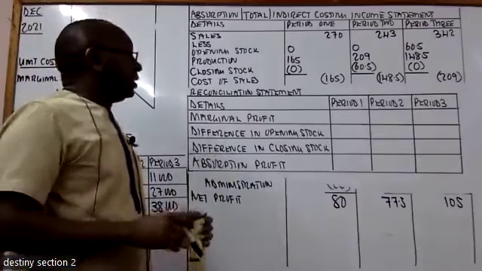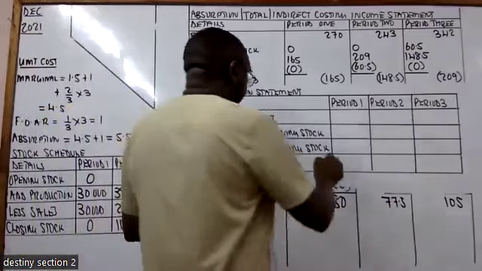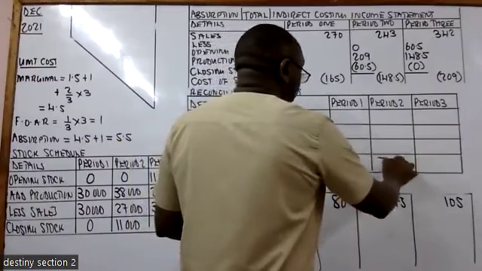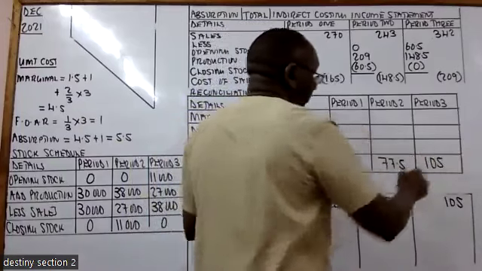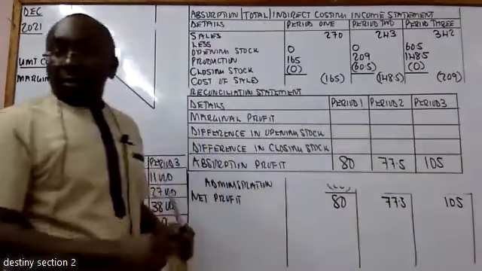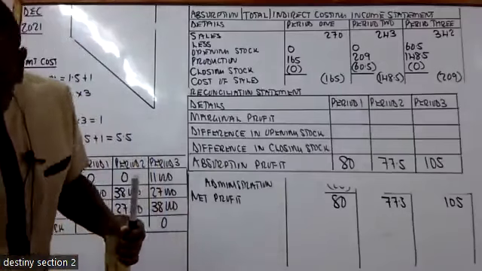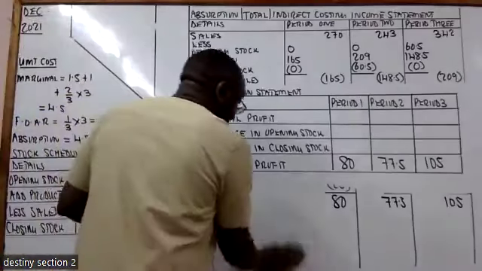So in getting the absorption profit, this one I already have. This is 80, this is 77.5, this is 105. Those are the profits according to the absorption statements.